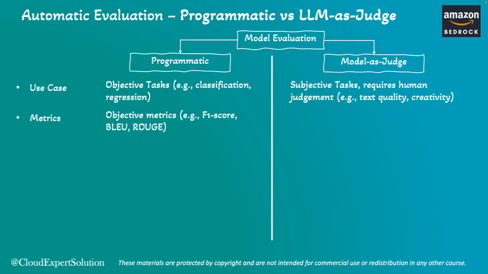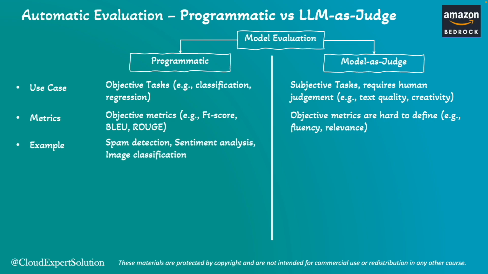In terms of metrics, as we mentioned earlier, we can use objective metrics like F1 score, BLEU, and ROUGE. On the other hand, model as judge is for cases where objective metrics are hard to define. That means here you need to evaluate fluency and relevance, and in those cases you do not have any available objective metrics.